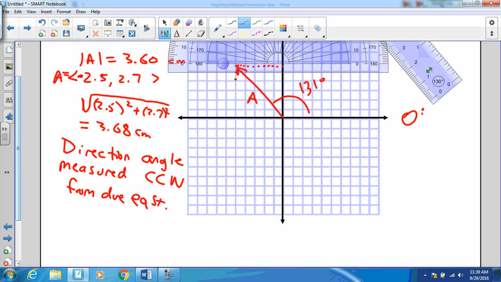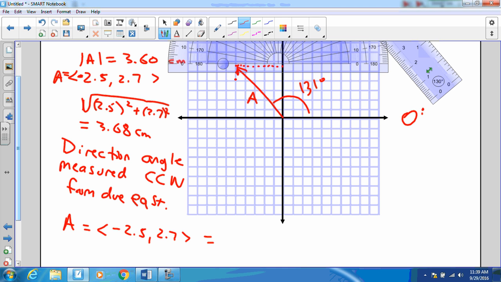Okay. Now, if I want to represent my vector in terms of its magnitude and direction, the form that I'm going to use we're going to call the polar form. Since I have A already in rectangular form, we can also represent A in polar form, and it's going to go like this.